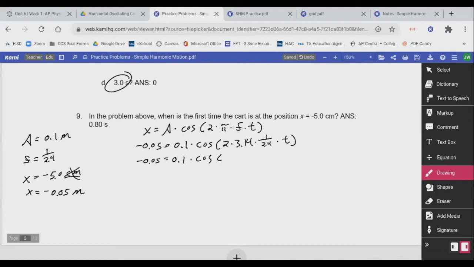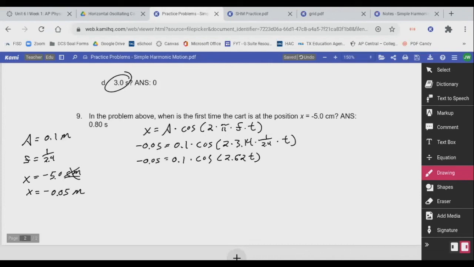Now I'm going to get my calculator out because I do better with it. I have 1 divided by 2.4 times 2 times 3.14. That gives me 2.62 t in the parentheses. So I have negative 0.05 is equal to 0.1 times cosine of 2.62 t.